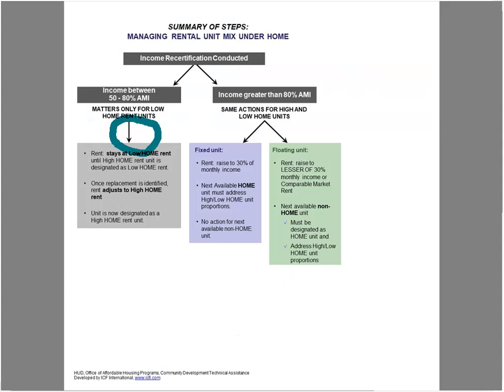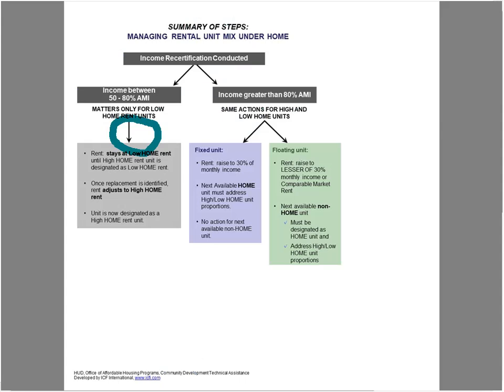Okay. So if our entire project is HOME and we don't have any market rate or non-HOME units in that, and we don't have any high units based on our written agreement, then we're going to be in temporary noncompliance until we have someone that moves out of that unit.